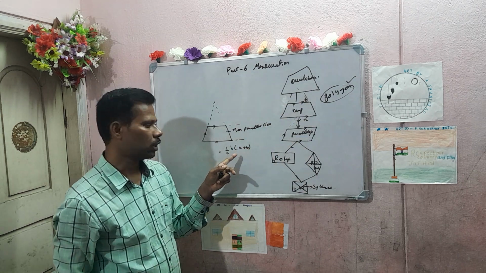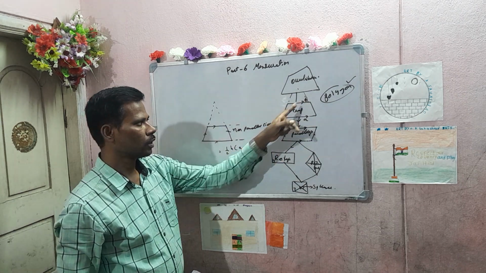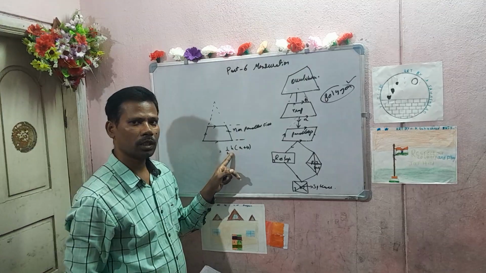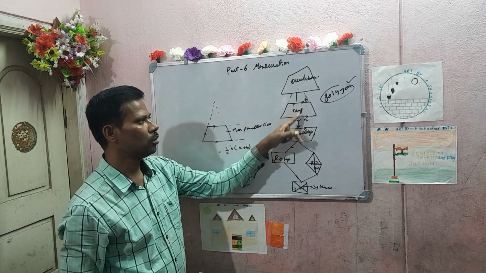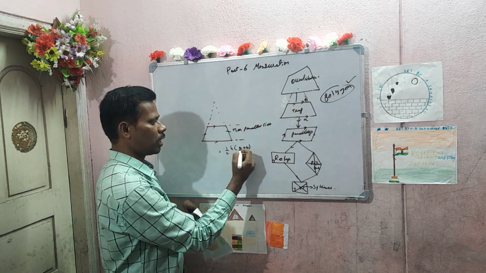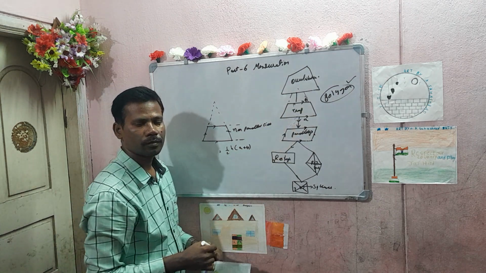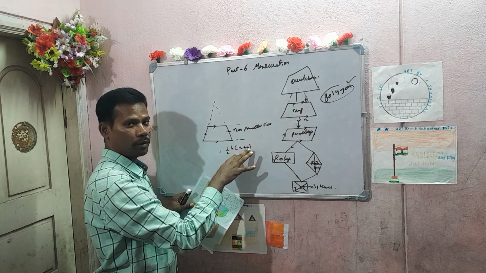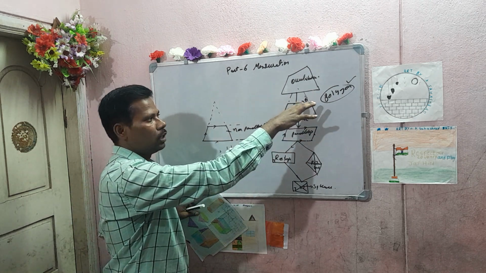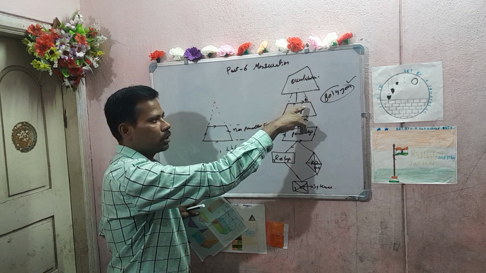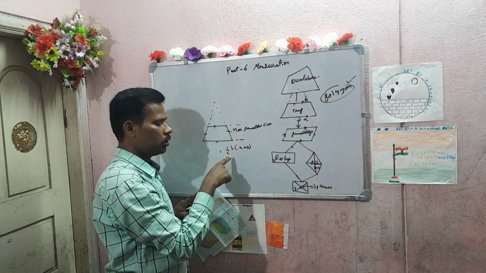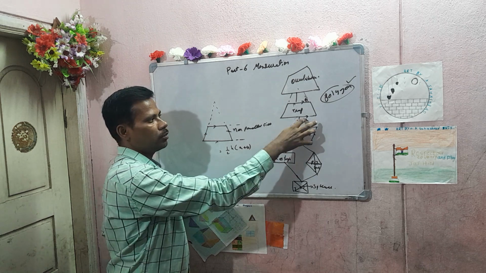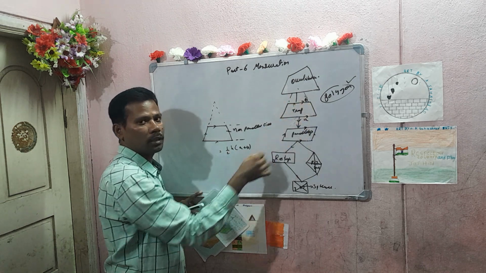Area of trapezium is half into h, the distance between these two sides, into a plus b. A plus b is nothing but the lengths of the parallel sides.